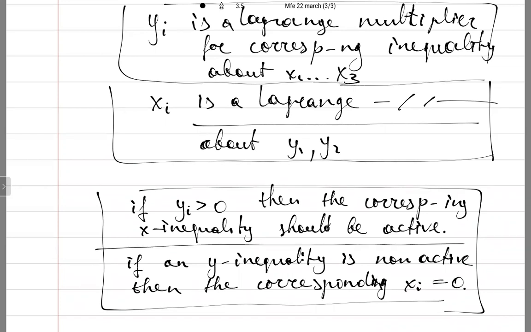So I have two rules. I cannot have two non-zero multipliers in this equation. If y is positive, then the corresponding x inequality should be active. If a y inequality is non-active, then the corresponding x should be zero. Okay, and now I use these two rules.